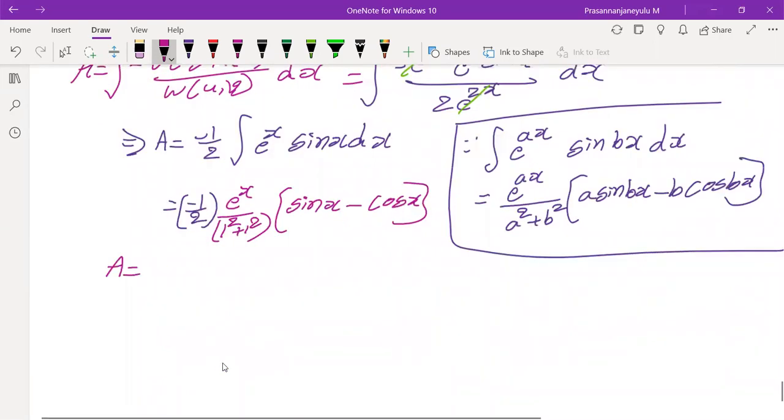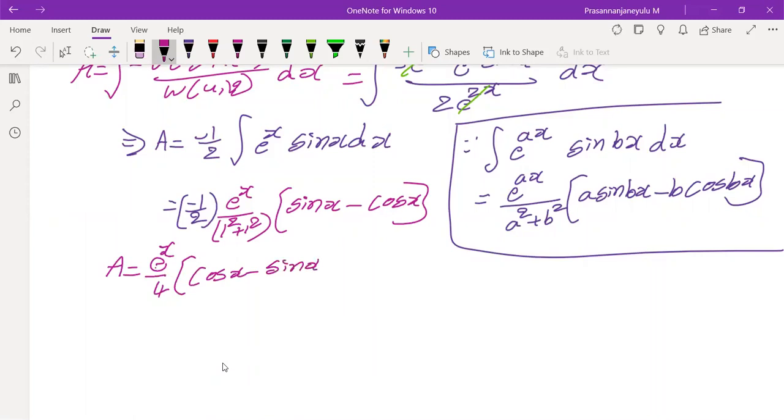Can I take this minus inside? Then it becomes e power x by 2, since 1 plus 1 is 2, 2 twos are 4, e power x by 4 into, taking the minus inside, cos x minus sin x. This is our A value.